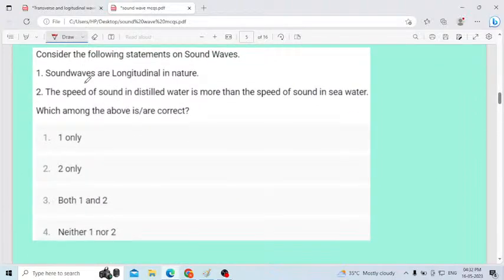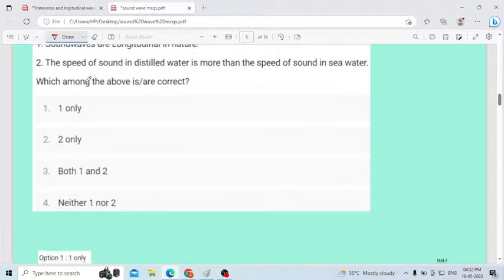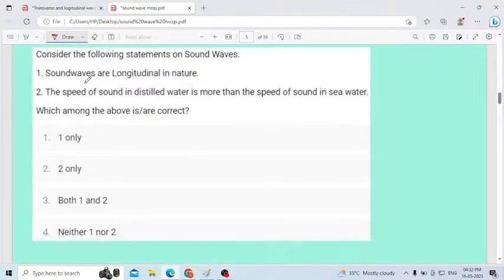Consider the following statements on sound waves. Sound waves are longitudinal in nature. The speed of sound in distilled water is more than the speed of sound in sea water. Which is correct? Only one is correct. Sound waves are longitudinal waves.